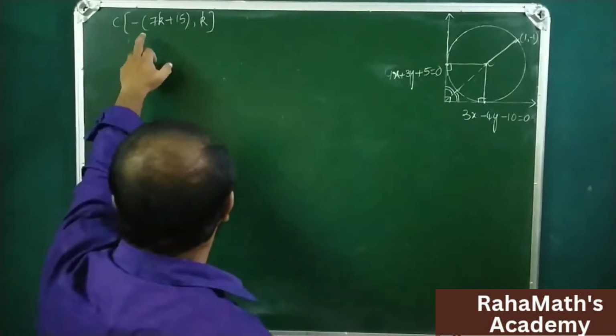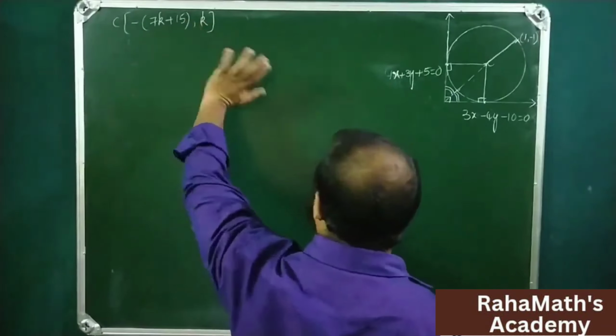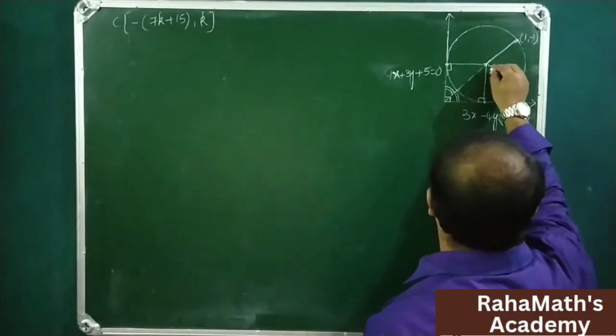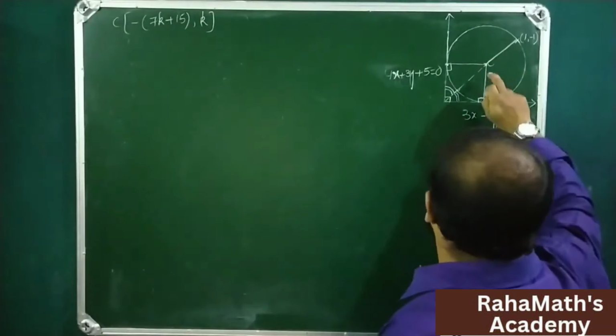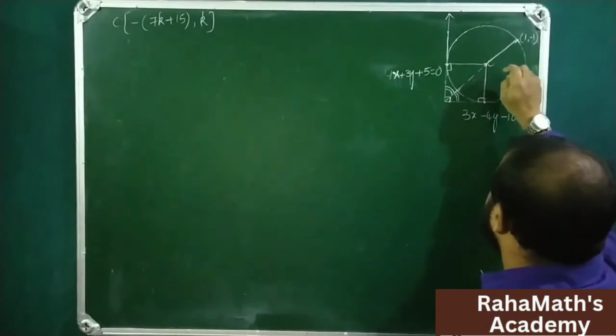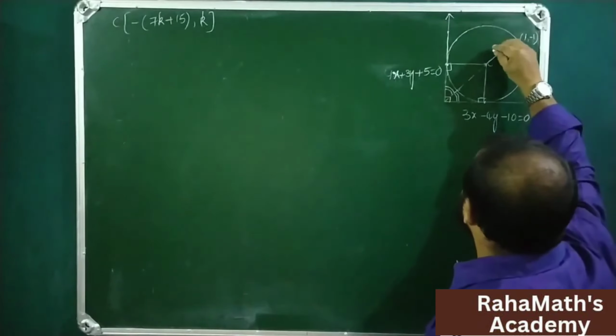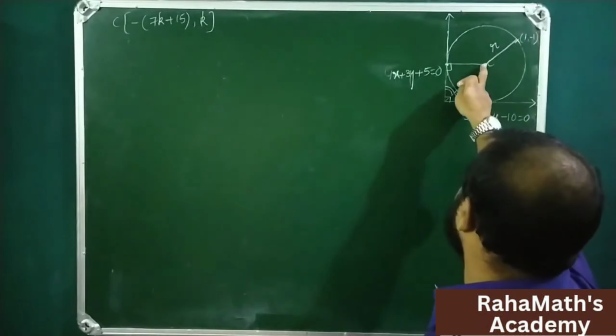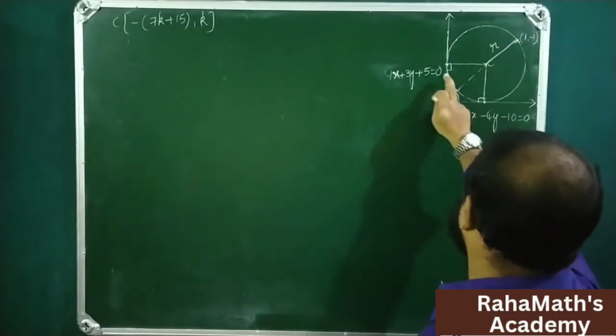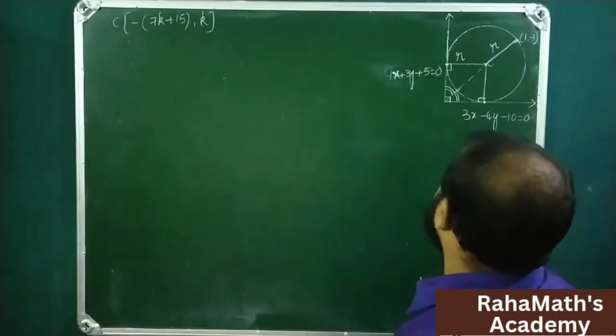Now C is minus of 7k plus 15 comma k, so that is this, okay, and the distance from this point to the center gives us a radius. Similarly, the distance between the center and this line or this line also gives the radius.